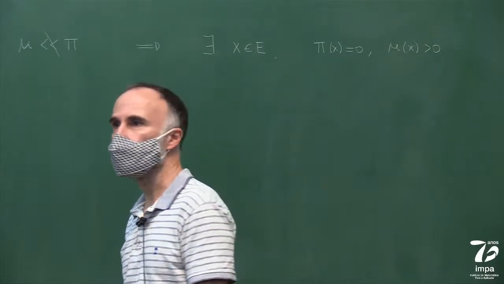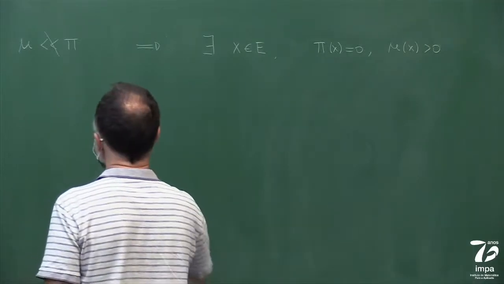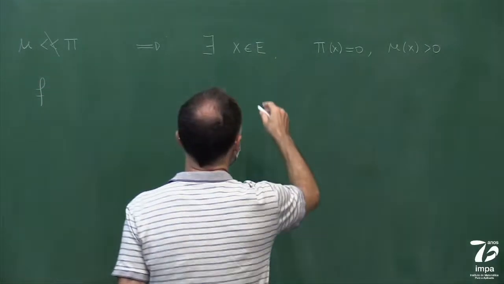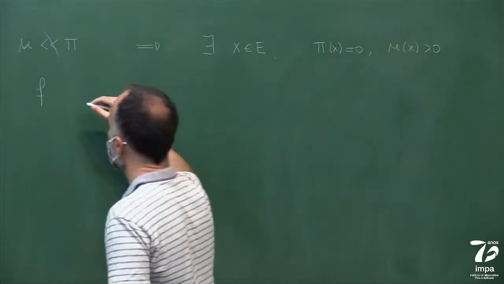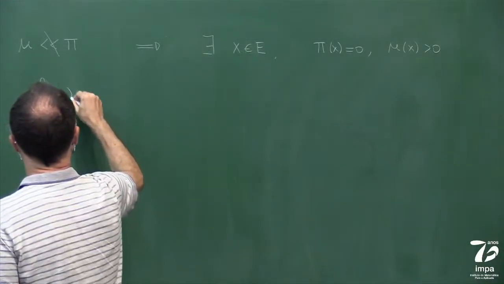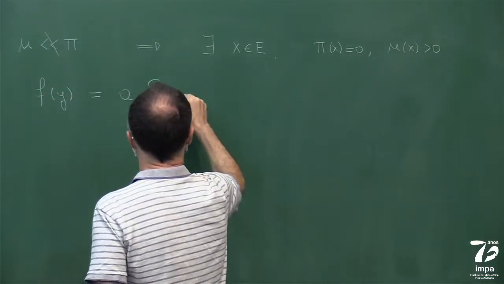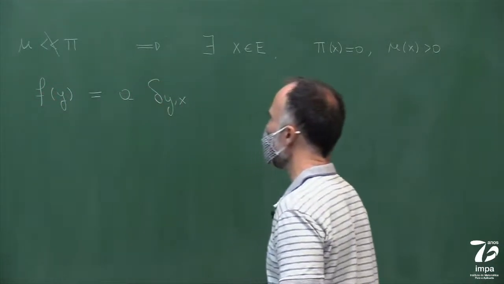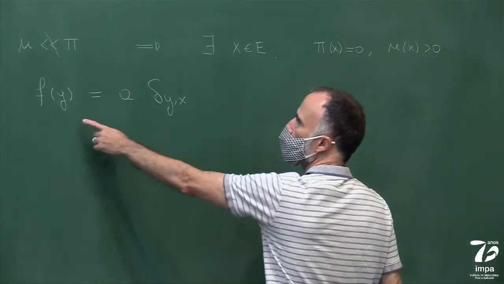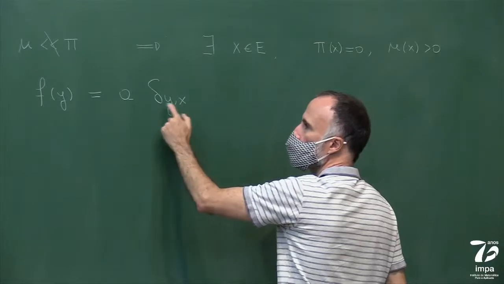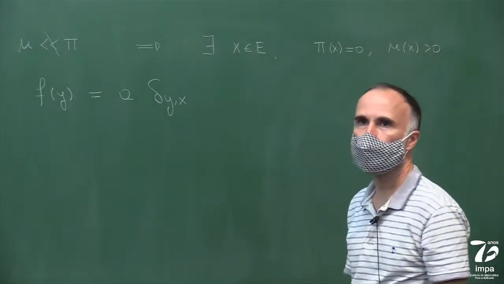We are in a finite space, so everything is very easy. So I'll take the function f, where f of y is equal to a times delta yx, which means that f of y is 0 everywhere, but at x, f of y is equal to a.